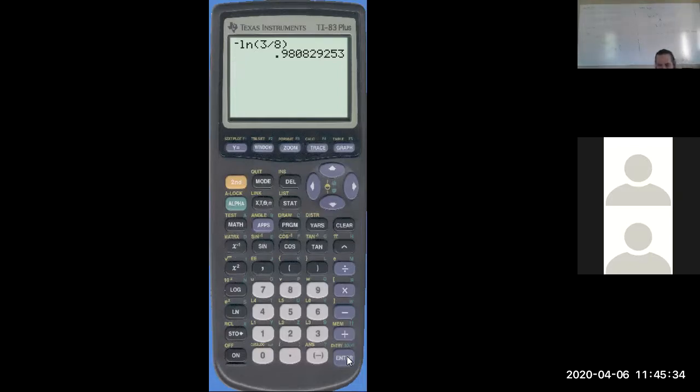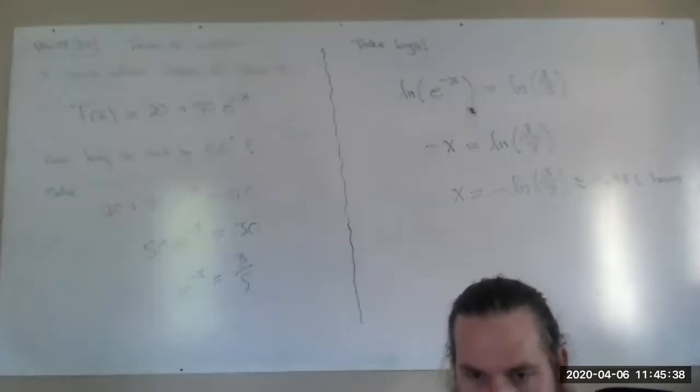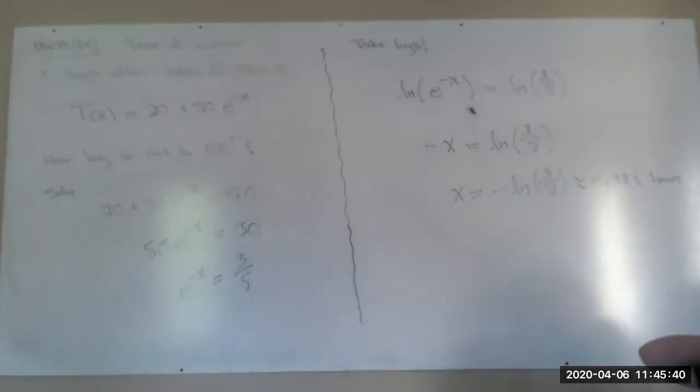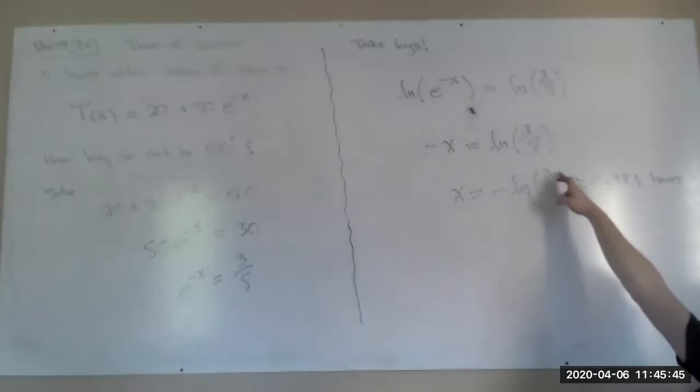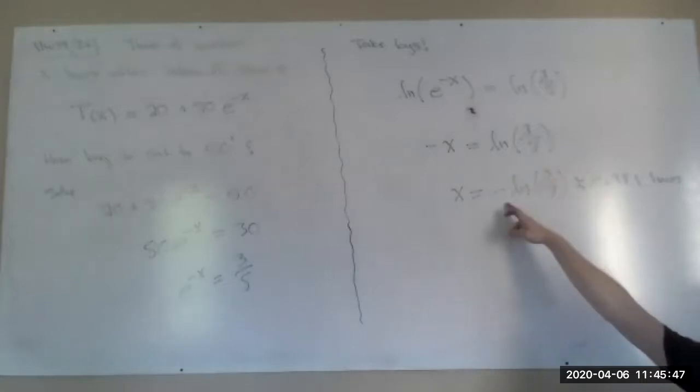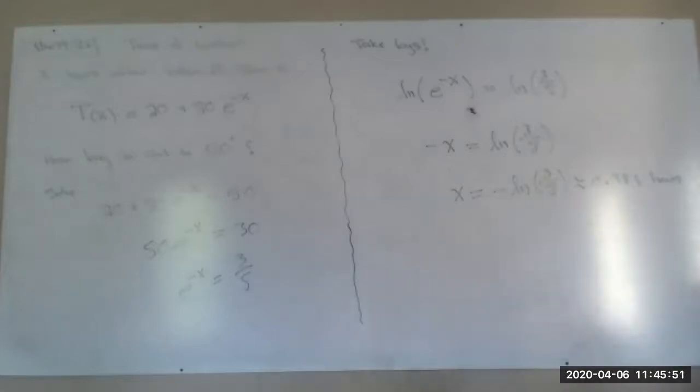Now I want to show you something cool. Our second property of logarithms said that if I had a power inside, I can bring that down front as a multiple. You can actually use that in either direction.